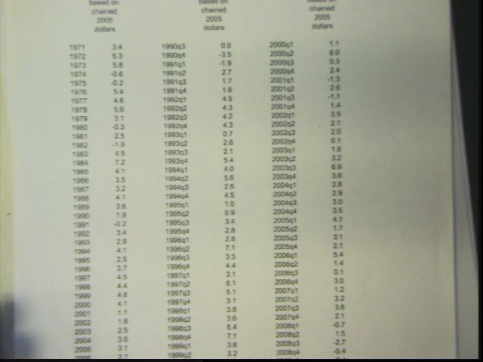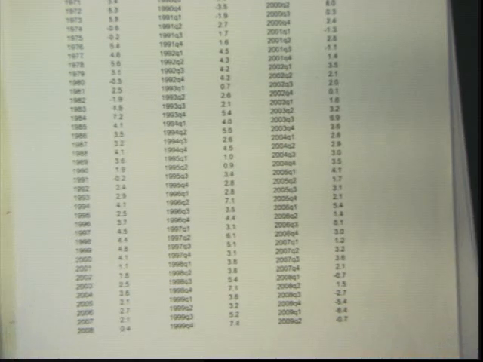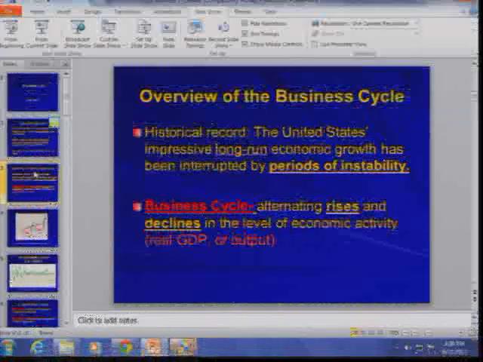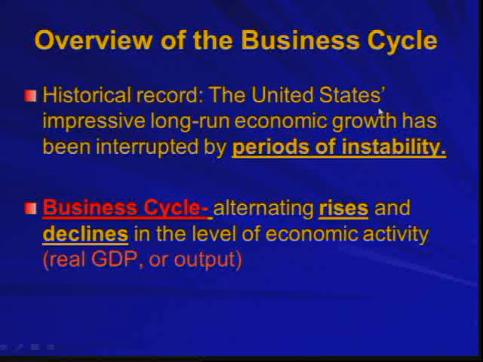So going back to the original question, is growth always sustained at the same rate? Absolutely not. Are we always meeting our goal? No. Come back over here to our slides. All right, our impressive long-run economic growth has been interrupted by periods of instability, so we're not always reaching our goal.